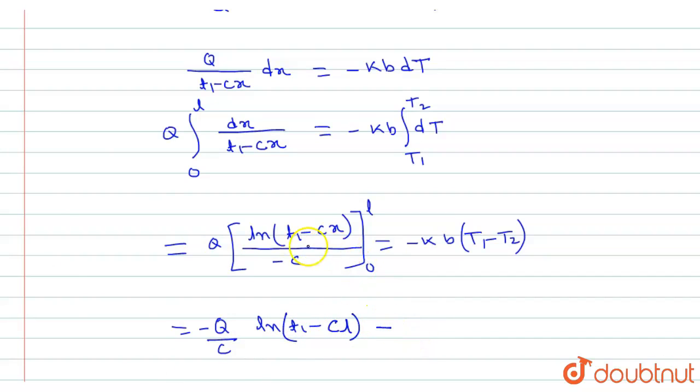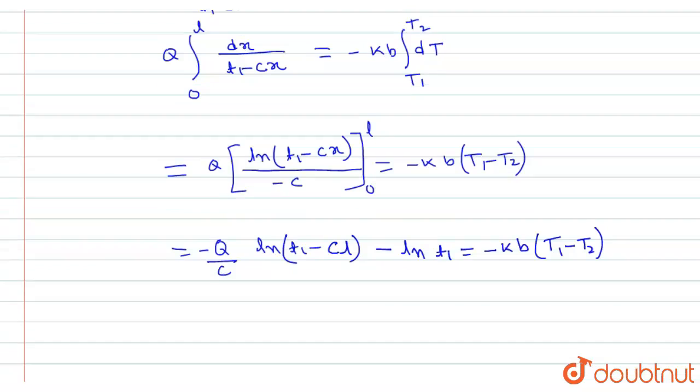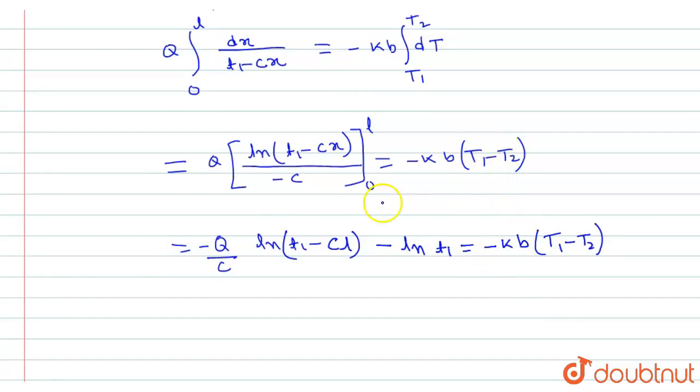Minus 0, if you put 0, so this is ln T1, is equal to minus Kb, and T1 minus T2 we can write. Clear? Now actually this is T2 minus T1, upper limit minus lower limit. So here we have to write T2 minus T1.